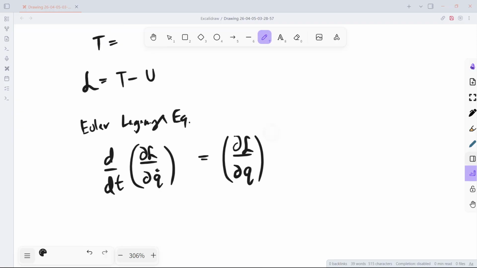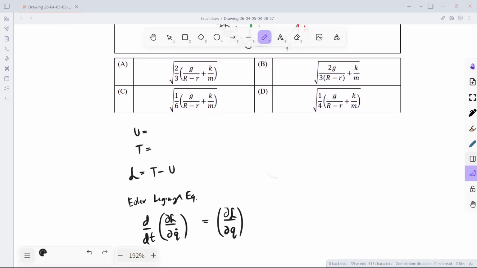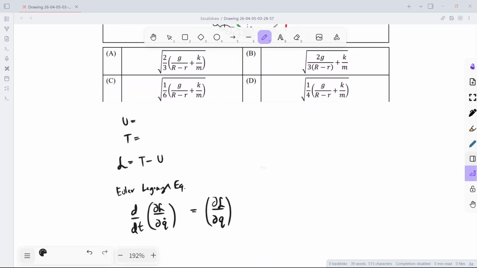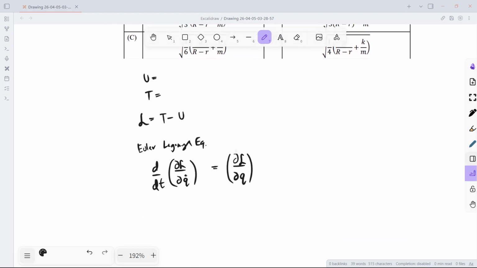The way you come about Lagrange's equation, I mean, there's a rich history and all that, but the way you do it on your own is using an integral of Euler-Lagrange type, and then you do some calculus of variations, and using some math, come about it.